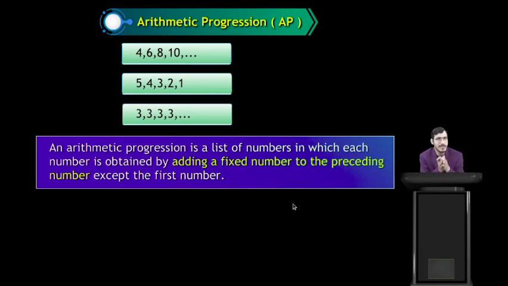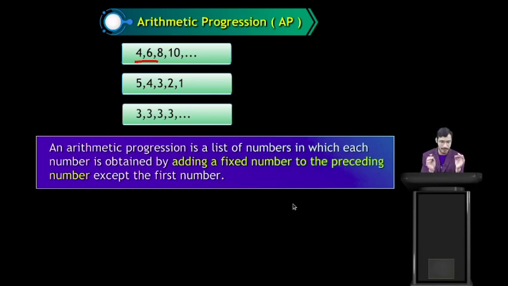An arithmetic progression is a list of numbers in which each number is obtained by adding a fixed number to the preceding number except the first number. You can see here 4, 6, 8, 10. So what is an arithmetic progression?